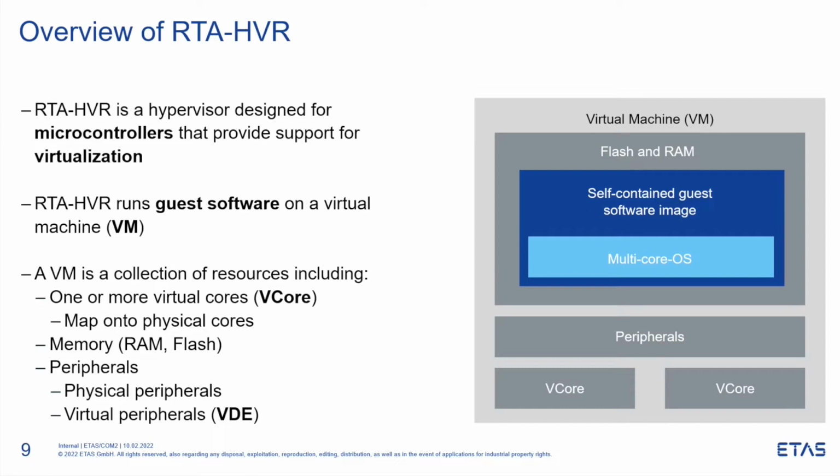The guest software includes any software that is written to run on that particular microcontroller family, provided it's not accessing the hypervisor mode or the hypervisor levels of the MPU. In practice, this means that pretty much any existing standalone software can be adapted to run on these sort of targets with very little modification and with very little impact on performance.